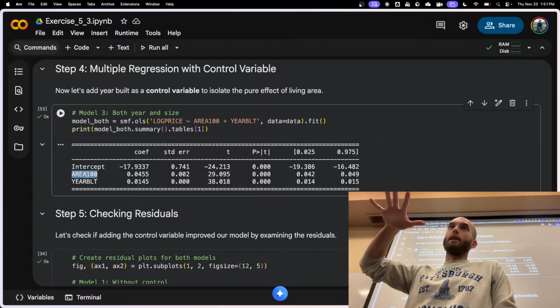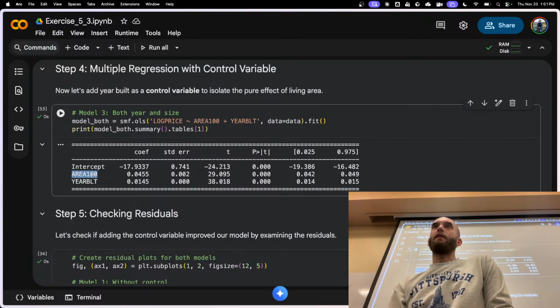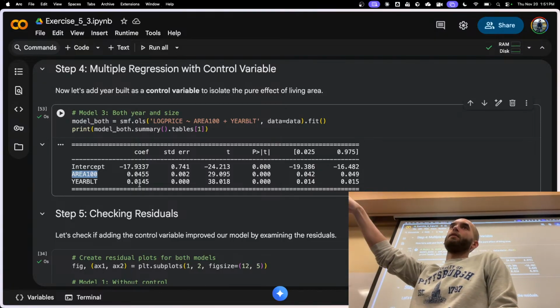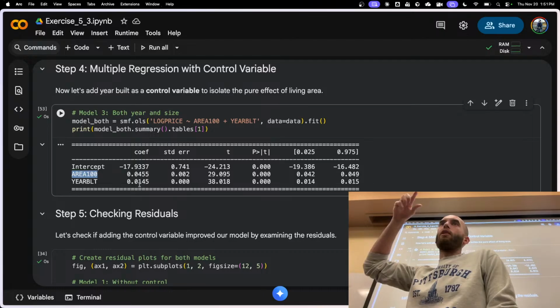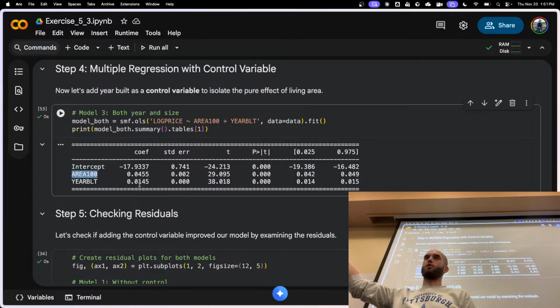And the way we interpret that is to say every 100 square feet extra, we have a 4.5% increase in price. So we're looking at a log outcome variable. We say there's a 4.5% increase in the price for every 100 square feet extra.